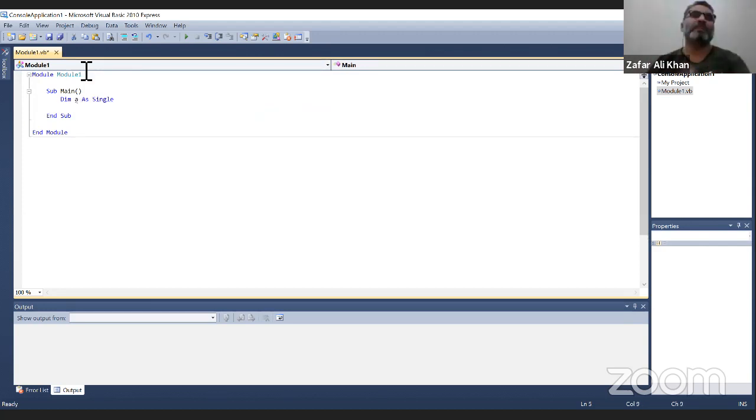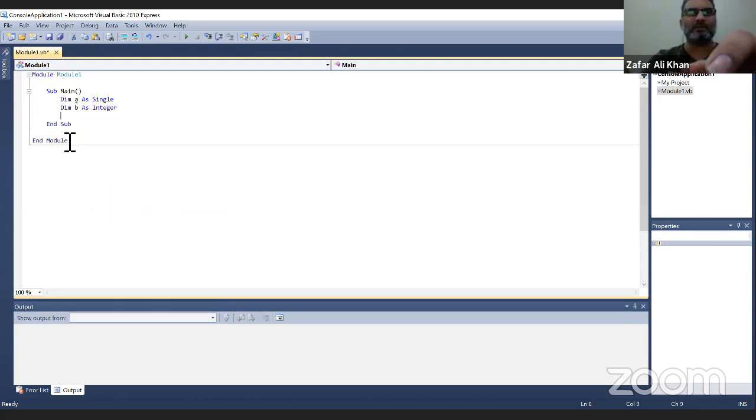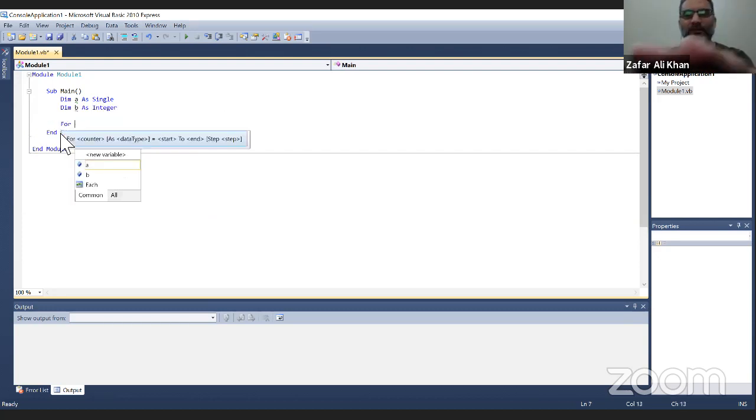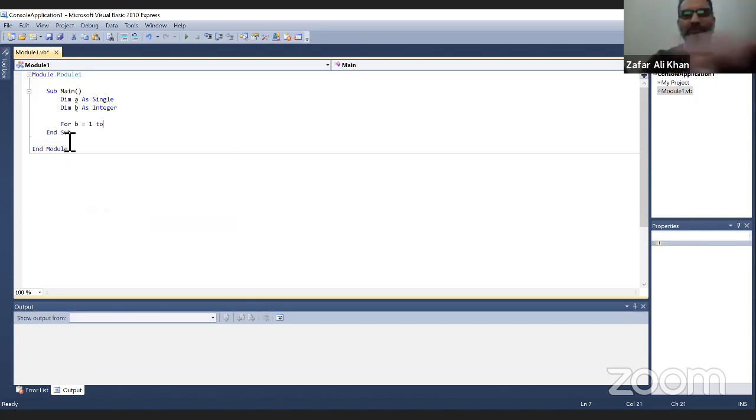Single means the word size is 4, out of which 3 bytes are available for mantissa and 1 byte for exponent. And then we have b as integer, for b equal to 1 to, let's say, 20.